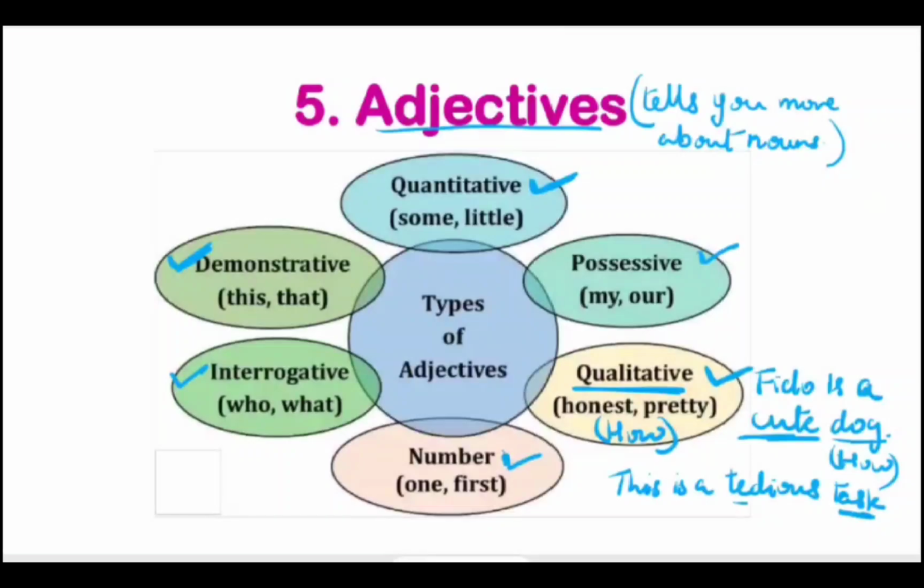How is the task? Tedious. So tedious is the adjective of quality. Remember to ask the question how if you want to identify the adjective of quality. All right? Hope this much is clear.